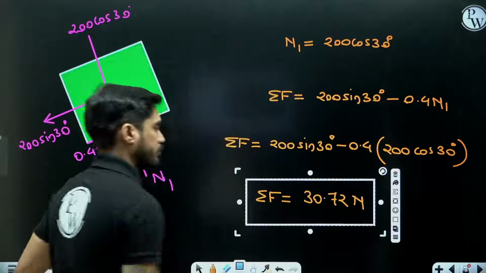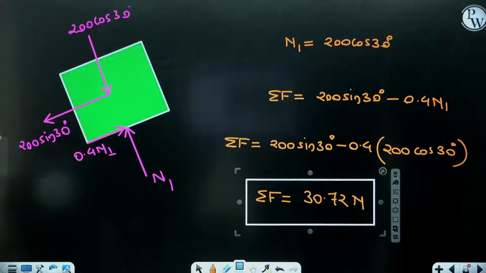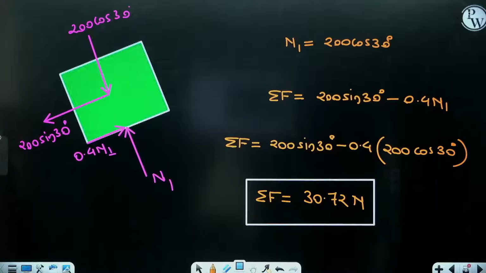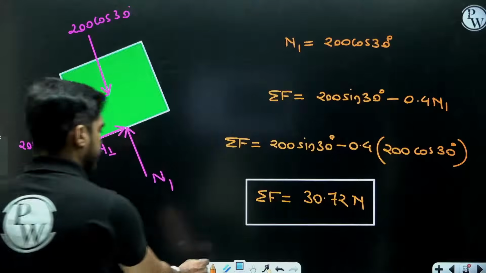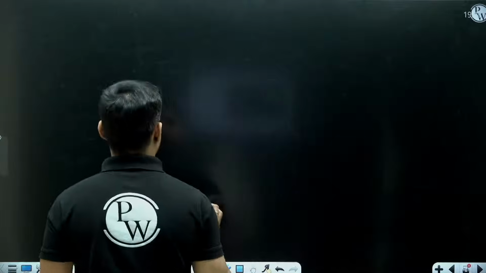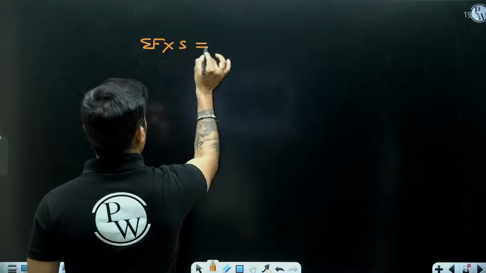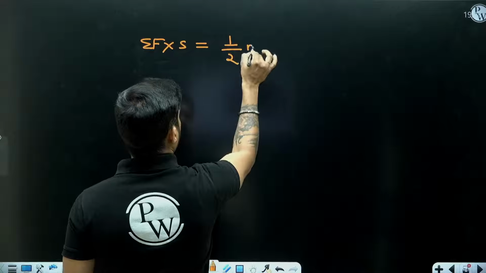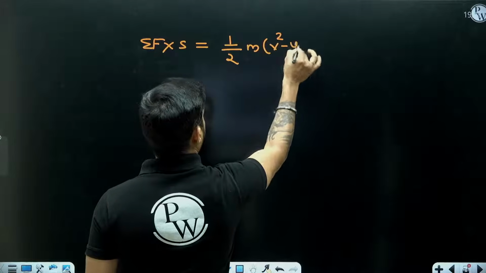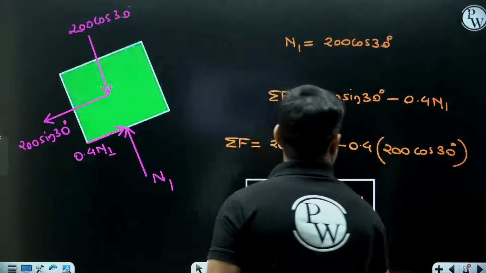So this is the net force in the direction of motion. So now we will apply the work energy equation. Summation of F into S equals half m(v square minus u square).